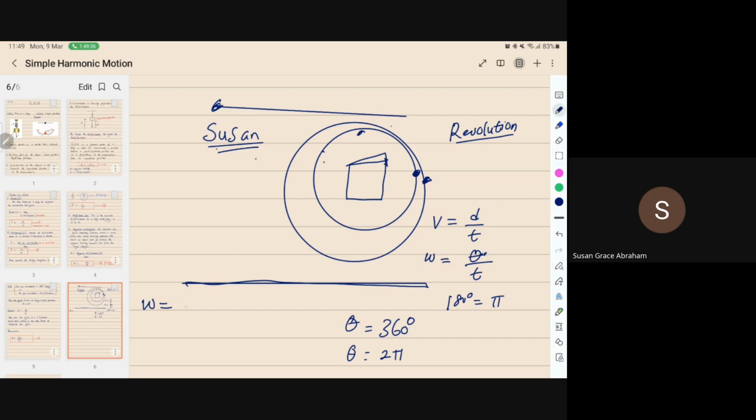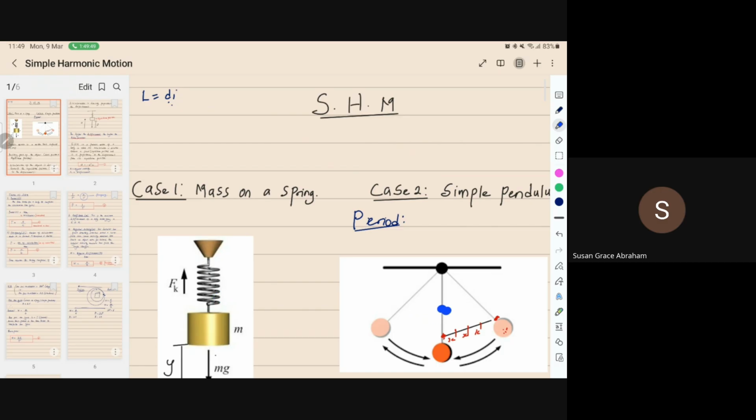Therefore, we still have that angular velocity is theta over t, but now theta is equal to 2 pi because he has completed one revolution. Now, bringing it back to what we did on mass and the simple pendulum, we said that your period T is the time it takes to complete one cycle.